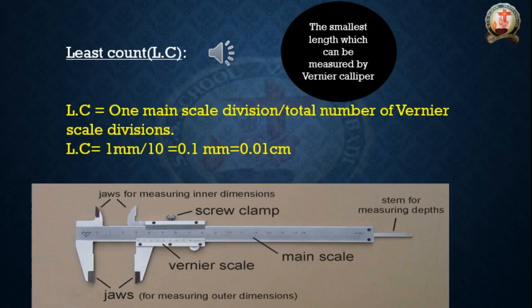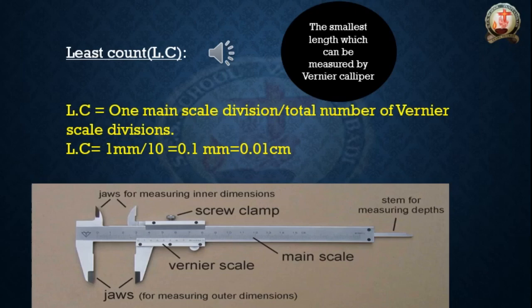One vernier caliper has 0.01, one vernier caliper has 0.02, like that. Based on the vernier calipers, the least count value will be changed. But actually, the vernier calipers we always use in the lab, usually we take the least count as 0.01.